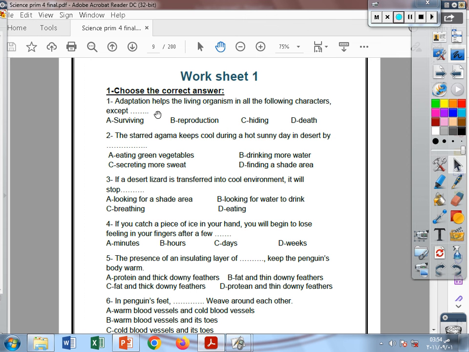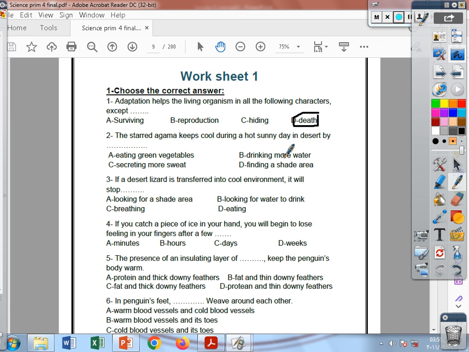Number 1, adaptation helps the living organisms in all the following characters except: surviving, reproduction, hiding, or death. Excellent. It can help in surviving, in reproduction, in hiding, except in death. So that is the right answer.